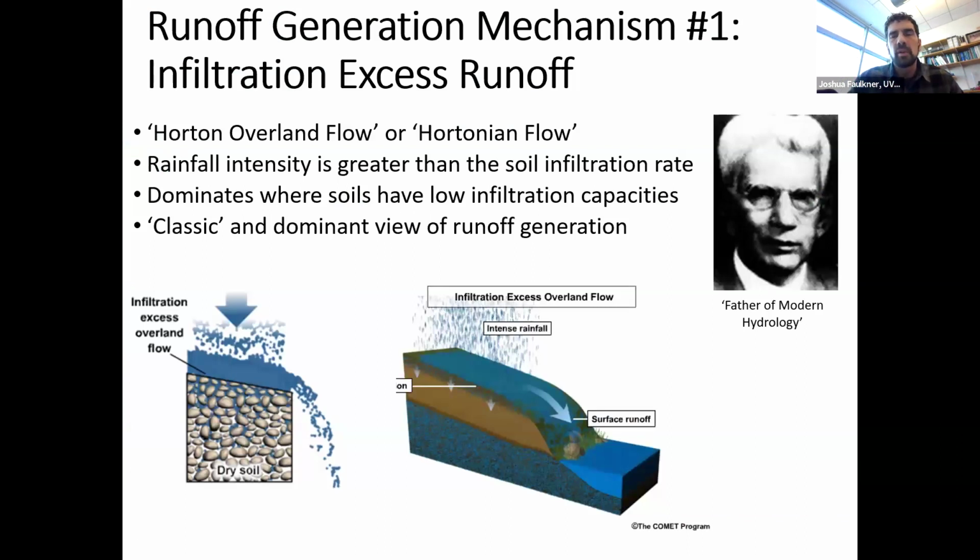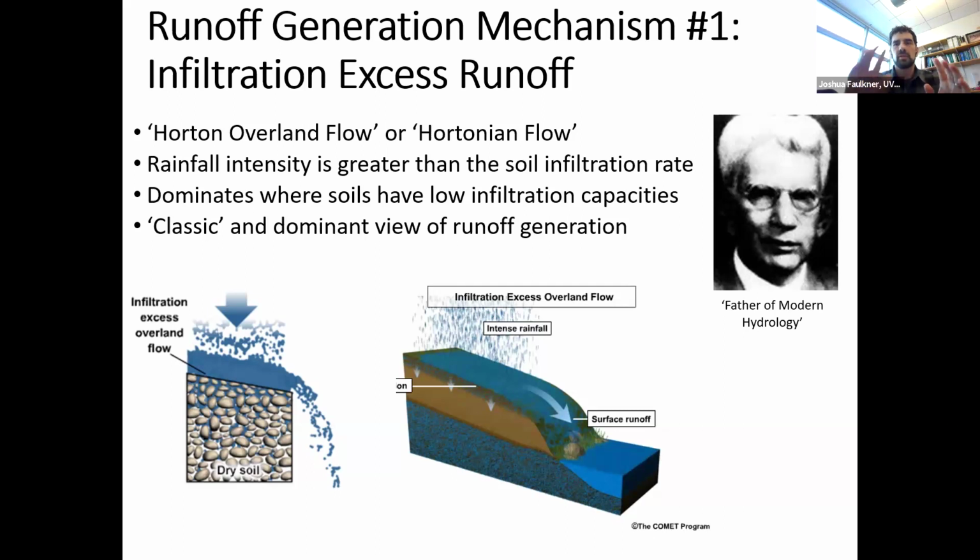Next, I think it's really important, especially as we talk about how runoff is produced, there are really two different mechanisms. We have infiltration excess runoff, and that's the typical way we conceive of runoff occurring.